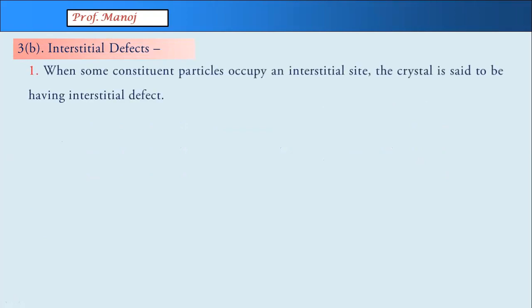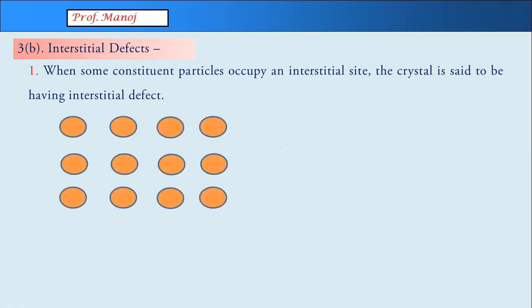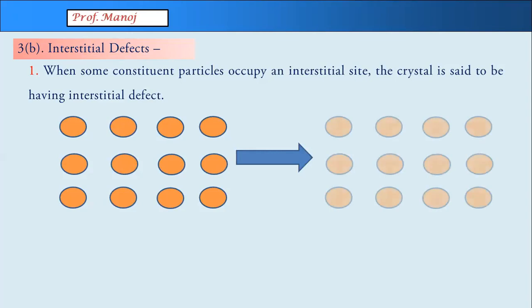The next is called interstitial defect. In this one, some constituent particles change their position and the atoms are present in the interstitial sites. For example, if this is the perfect crystal, then instead of this, you will have atoms placed in the interstitial spaces. So atoms from elsewhere will be dislocated and sent over here.